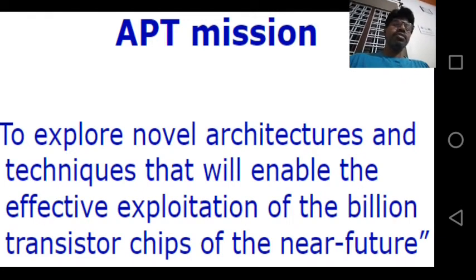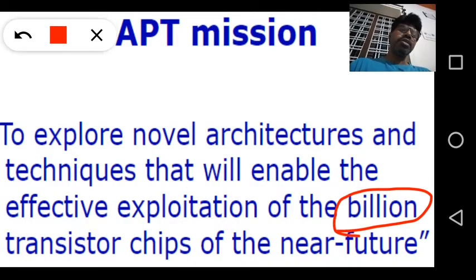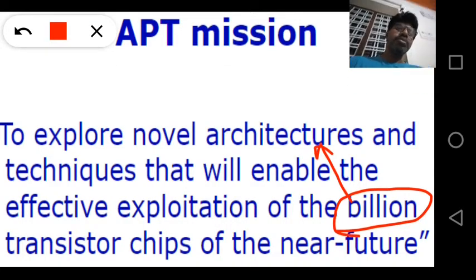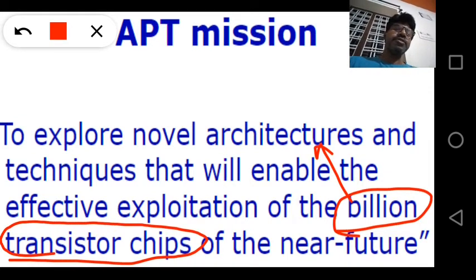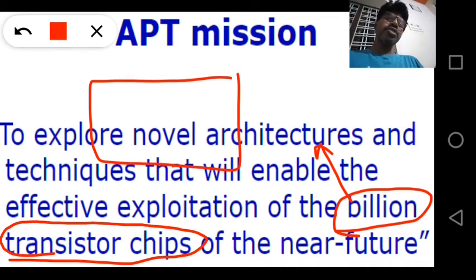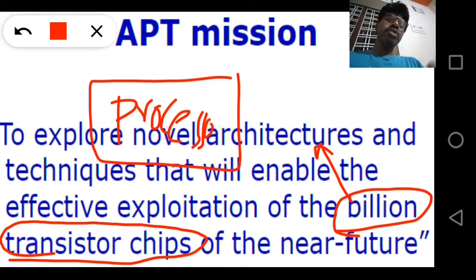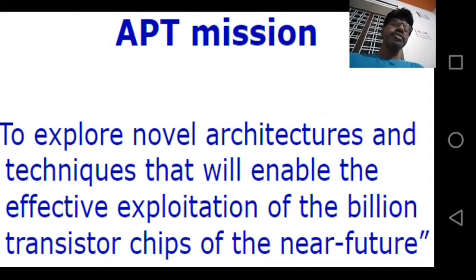What are these transistors? You know about billion. Billion is really a big number. So billions of transistors are required in the processor. What does a processor contain, hardware wise? It contains transistors. How many transistors? Billions of transistors.